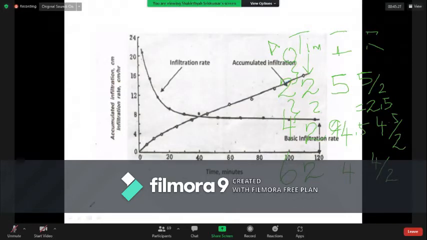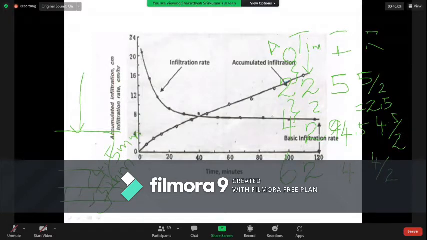So for the first 2 seconds, 5 millimeter of water, this is your total soil depth. So 5 millimeter water first moves and collects here. Then again after 2 seconds, 4.5 millimeter water is coming down. So altogether, what is the total infiltration inside the soil?